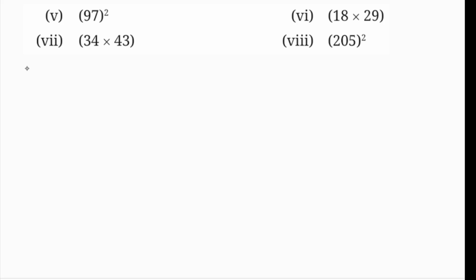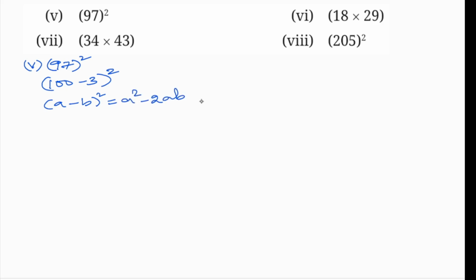Now let's solve the fifth bit. The fifth bit is 97 square. 97 is 3 less than 100, so (100 minus 3) whole square, and the formula (a minus b) whole square is equal to a square minus 2ab plus b square.